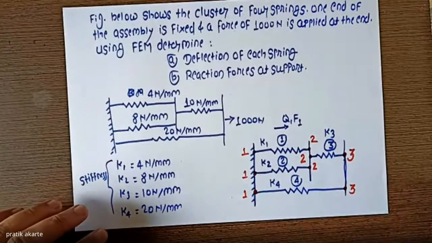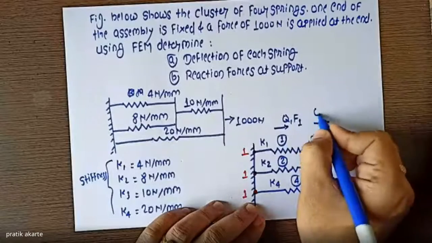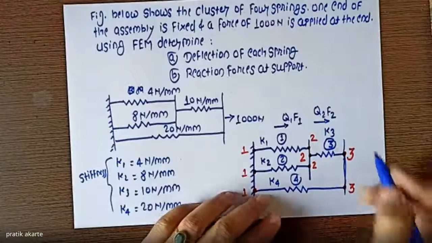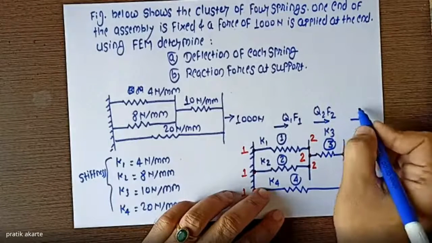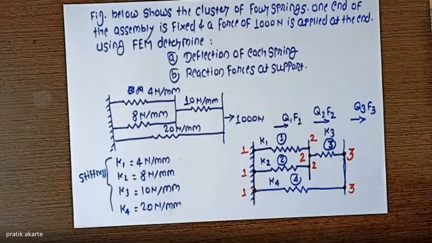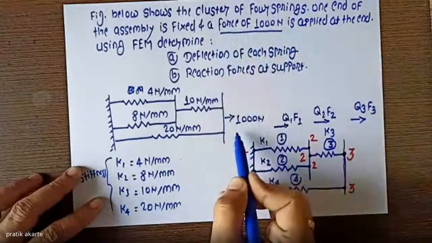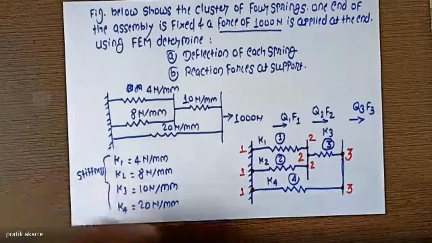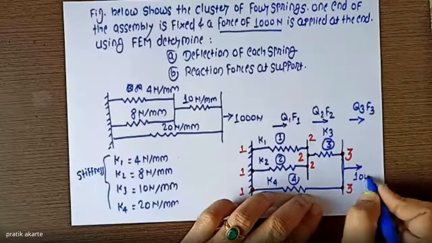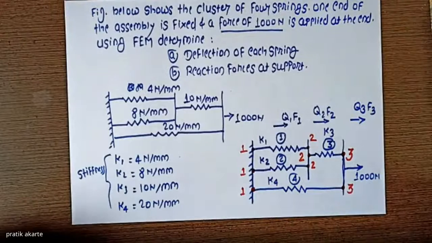This is how I can construct the model. At node number 2, the displacement and force are Q2 and F2, and at node number 3, the displacement and force are Q3 and F3. Also, a force of 1000 Newton is applied at the last plate, so this force is applied at the third node.